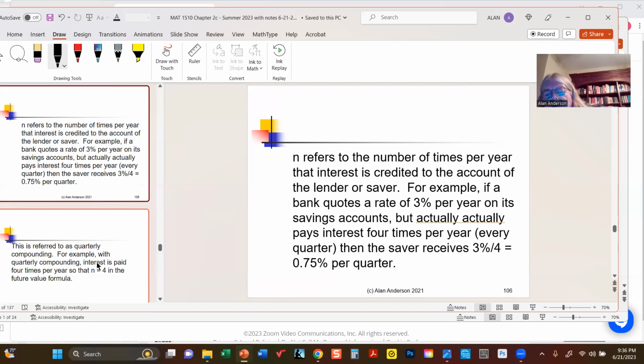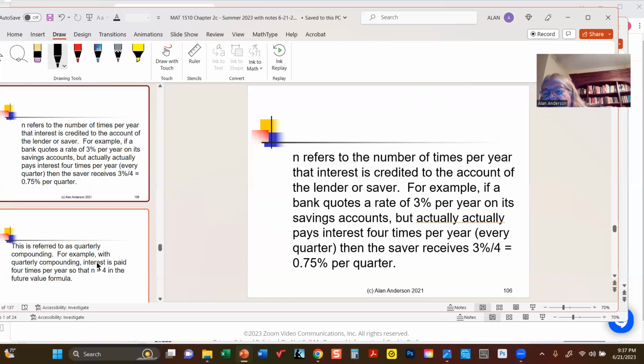In this example here, we're assuming that interest is paid out 4 times a year, and that is referred to as quarterly compounding, meaning that 4 times a year you're going to get paid interest, and it'll be a proportionate amount of the yearly total. So for 3% per year with quarterly compounding, that means you'll be paid 0.75% every quarter.